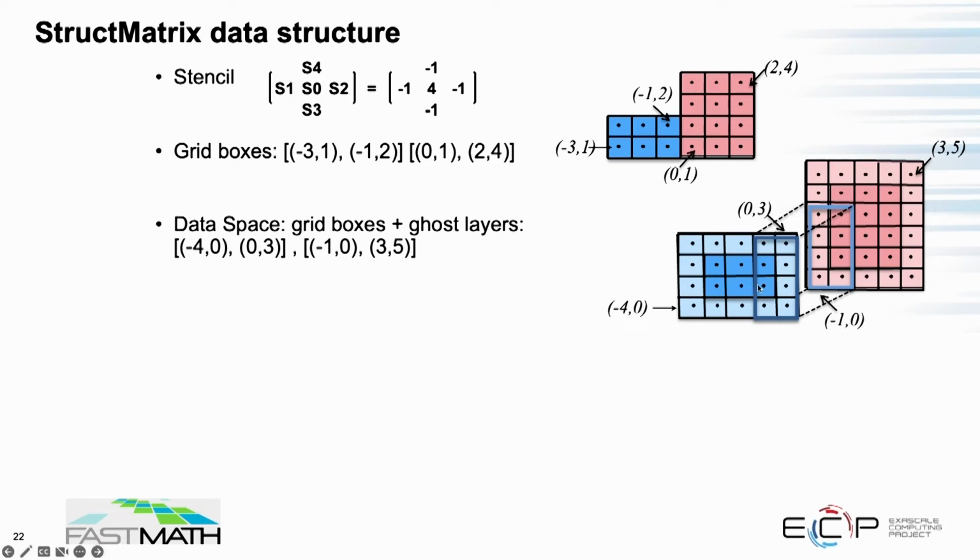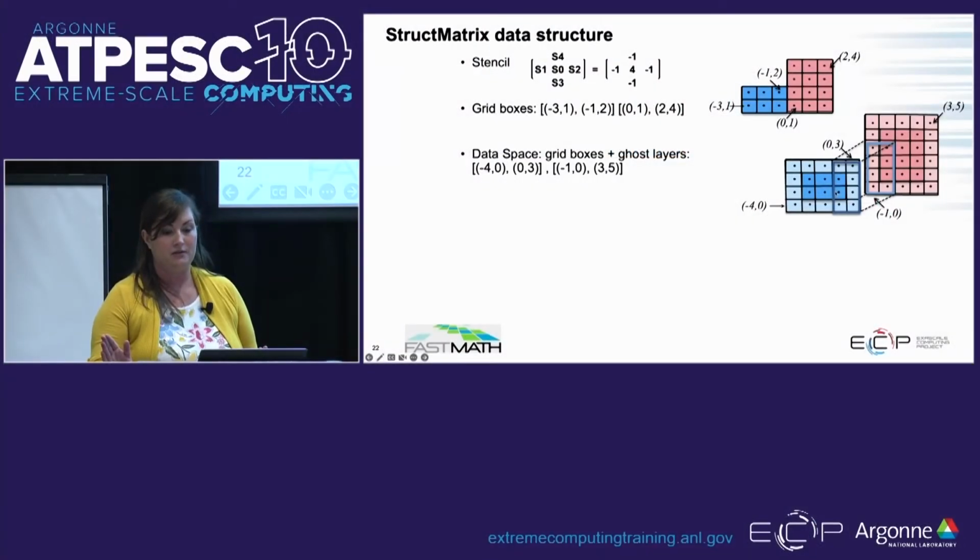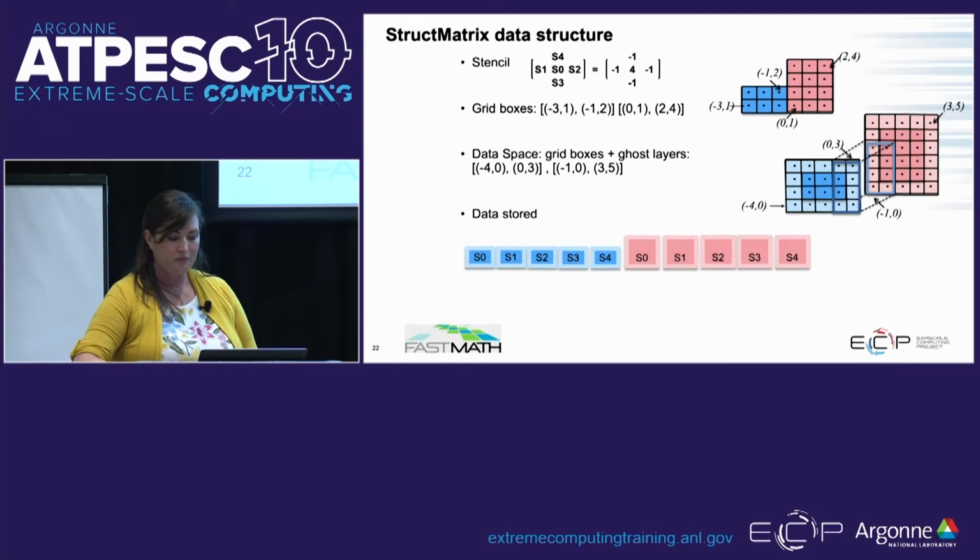These are important because this allows us to transfer information across the different boxes. Then the actual data is stored in the following way: for each stencil entry, all of our entries are stored contiguously for each box. The consequence of this data storage is that we can have very effective loops over the boxes.